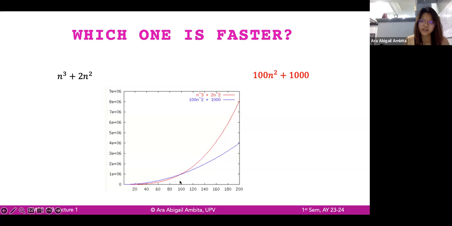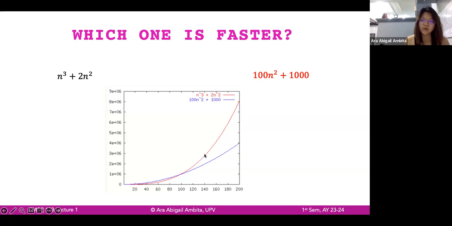Now, after some time, as the input approaches infinity, we can already see a different trend. The n cubed, this red line, grows bigger and bigger compared to the n squared. As you can see, the gap between the two.